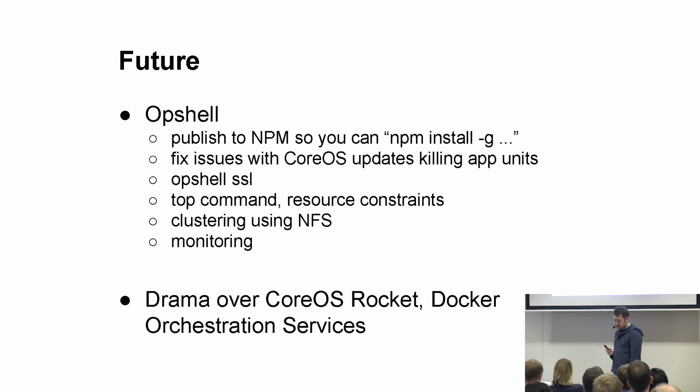I think the future of CoreOS and Docker is very much unclear at this point, given that both companies are competing for the same space. There's been quite a bit of drama towards the end of last year, because CoreOS announced Rocket, which is competing with the Docker runtime, because they're saying that the way Docker have gone about creating their container standards is crap, whereas Docker in turn have created their orchestration services, which are doing exactly what CoreOS is doing.